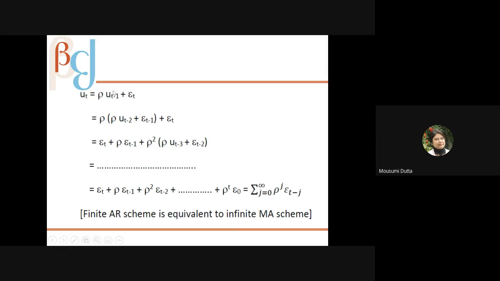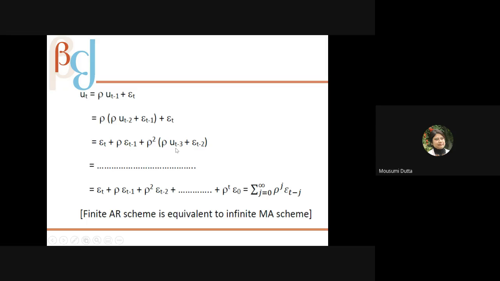So in place of ut minus 1, we can plug rho ut minus 2 plus epsilon t minus 1. Now if I rewrite this equation, it can be presented as epsilon t plus rho epsilon t minus 1 plus rho square ut minus 2.